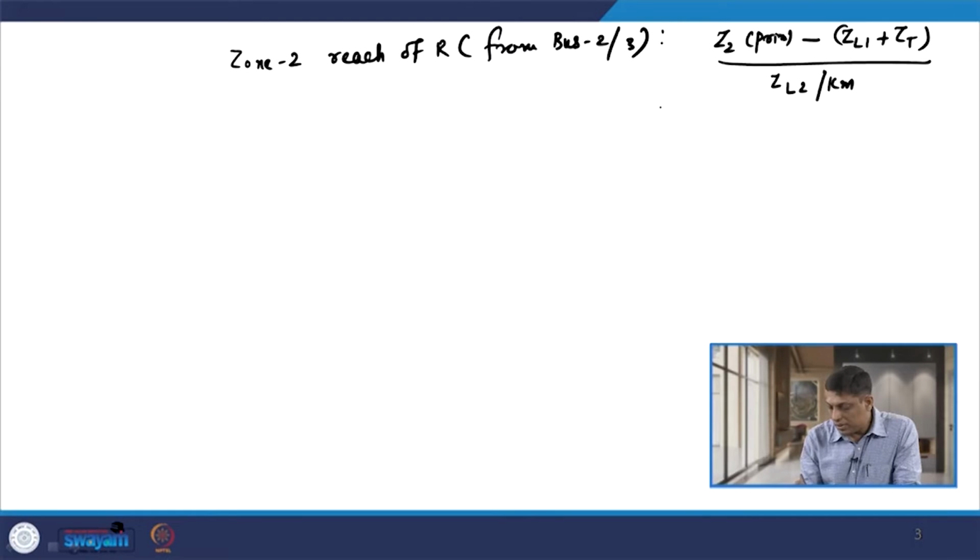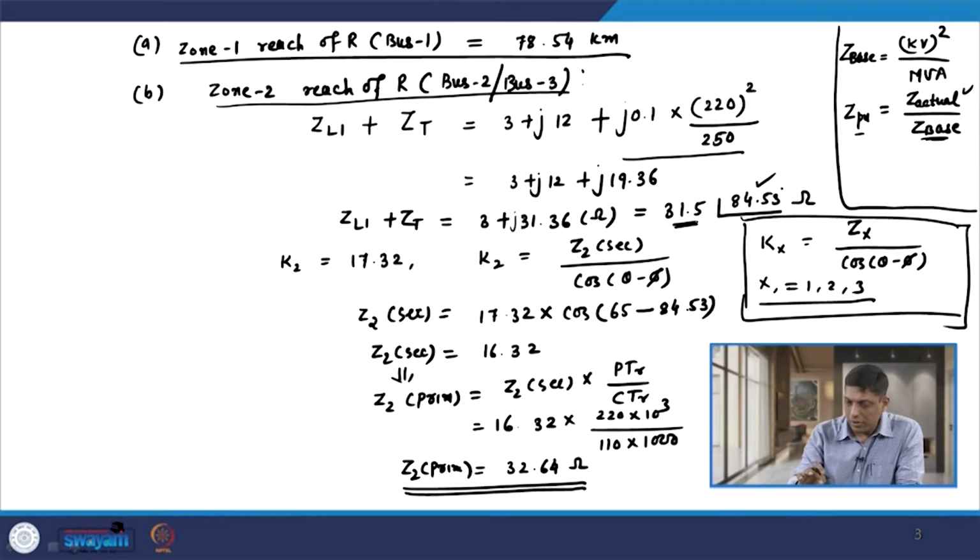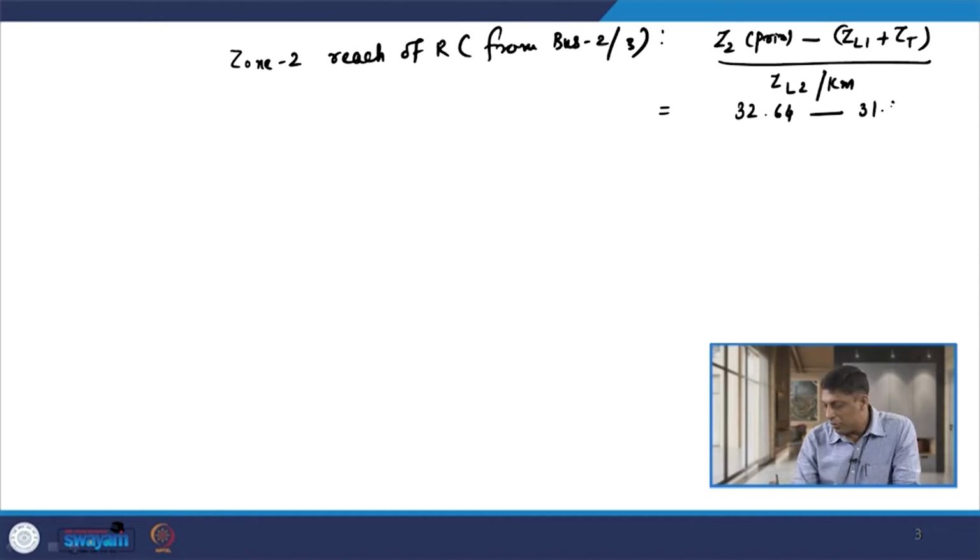If I put the value here, Z2 primary is 32.64 ohm. So, 32.64 minus ZL1 plus ZT comes out to be 31.5. This is 31.5 divided by ZL2 per kilometer. The value of ZL2 per kilometer is 0.04 plus j0.16, right.